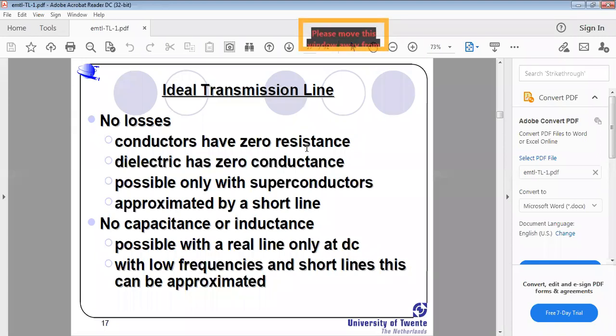The transmission line is said to be ideal when I supply 230 volts at one end and we also get 230 volts at the other end. But in the practical case, no ideal transmission lines exist. That's why ideal transmission lines never exist.